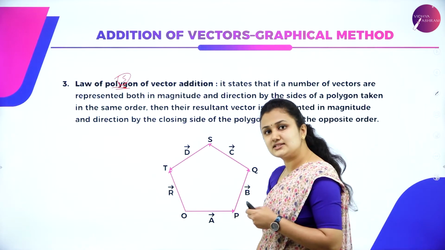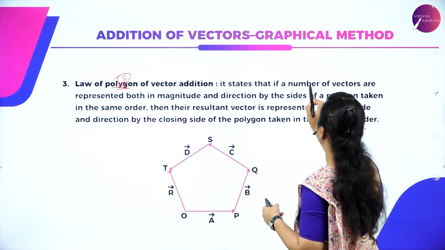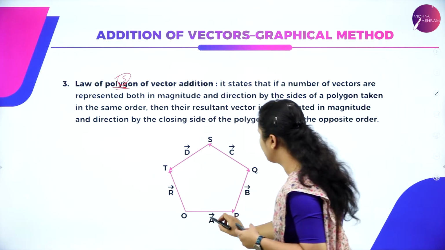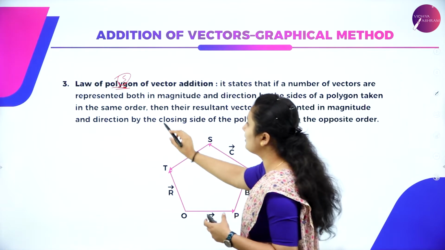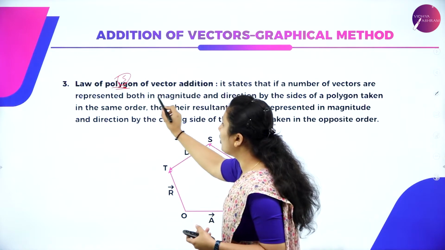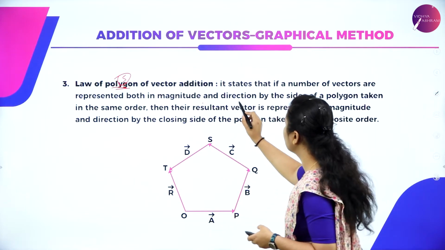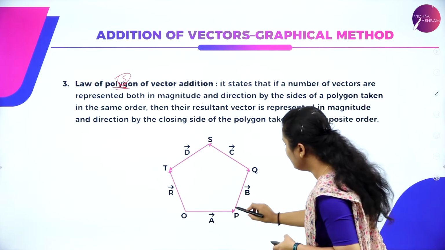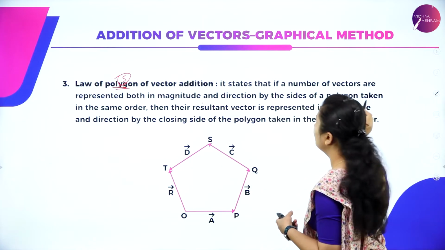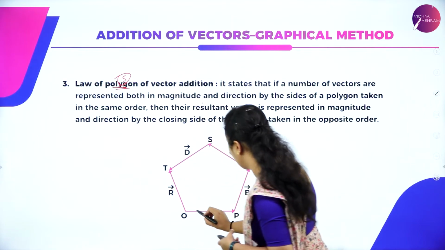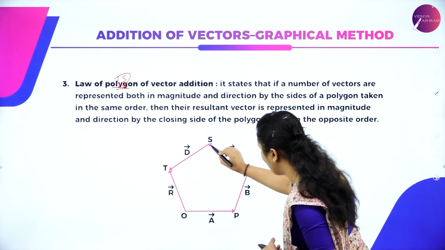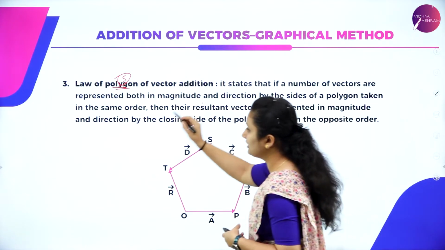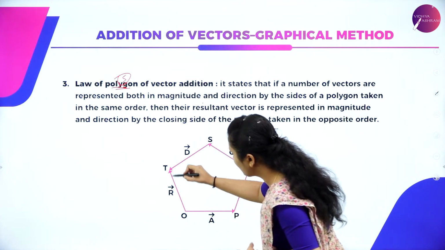So what does the law state? It states that if a number of vectors, 1, 2, 3, 4, are represented both in magnitude and direction by the sides of a polygon taken in the same order, you can see it is taken in the same order, then the resultant vector is represented in magnitude and direction by the closing side.